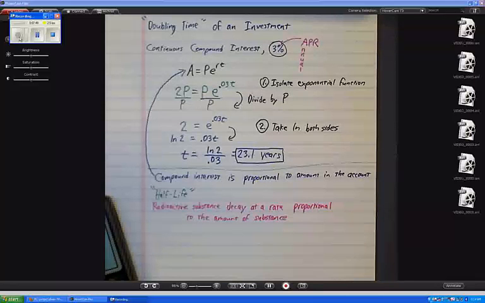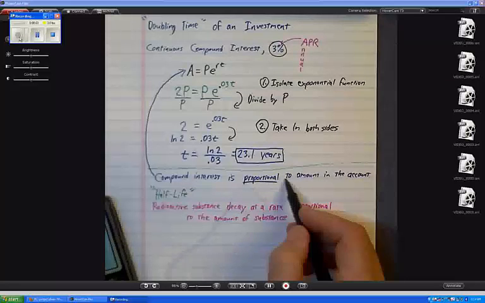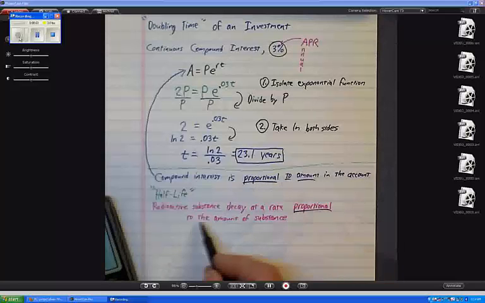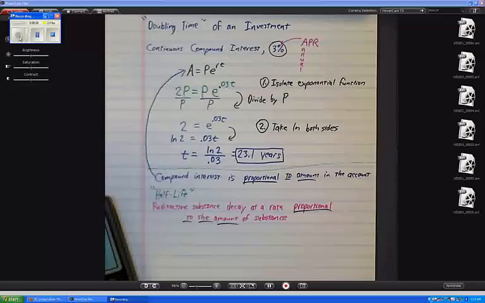I'm not sure you guys know what that means. Do you know what I mean by this? Proportional to the amount? Let's see if we understand it from compound interest. Then I can try and explain the other way.